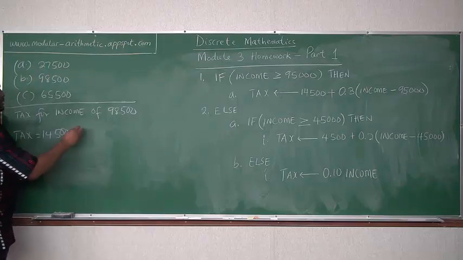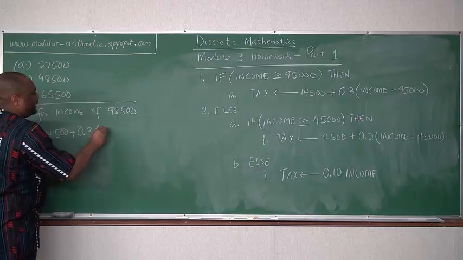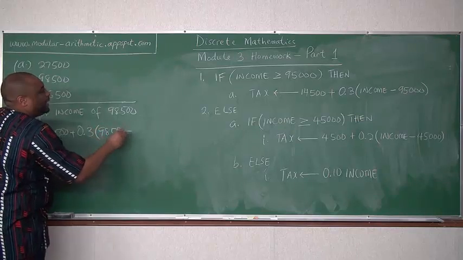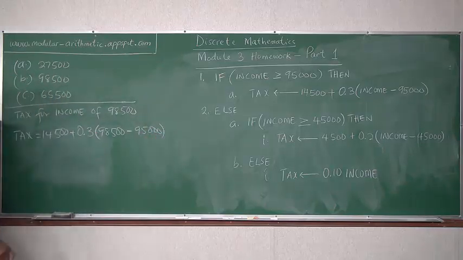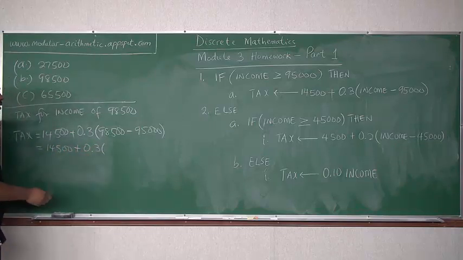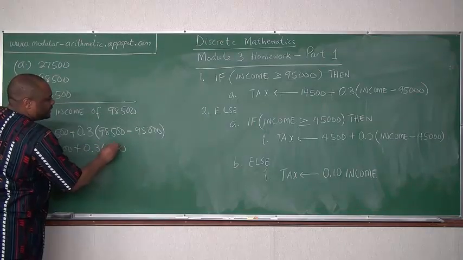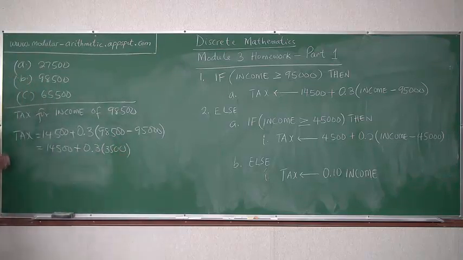14,500 plus 0.3 times the income, which is 98,500 minus 95,000. Okay? And this will give us 14,500 plus 0.3 times 3,500.